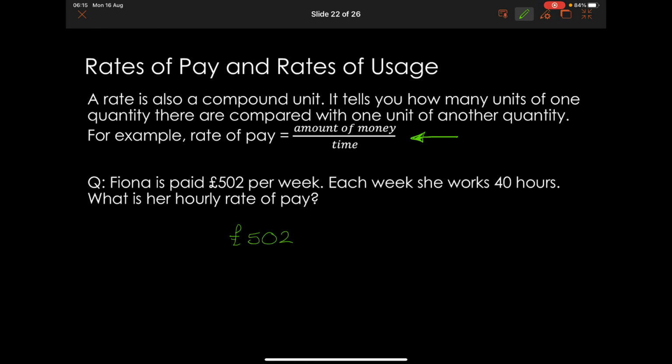If you earn £502 per week and you work 40 hours a week, then it's going to be 502 divided by 40. On your calculator, it comes out with £12.55. So that's how much Fiona gets paid per hour for working her 40-hour week.